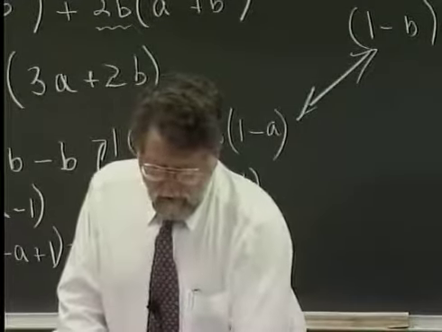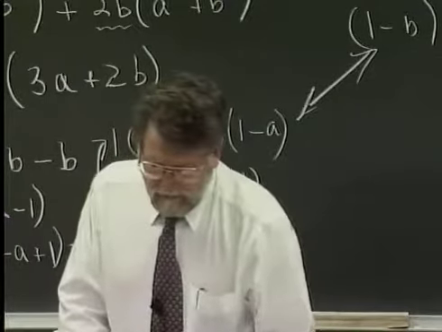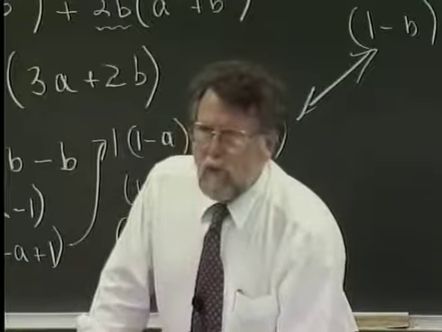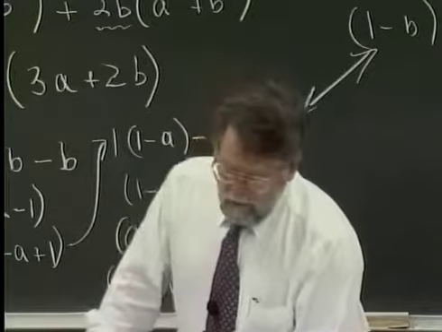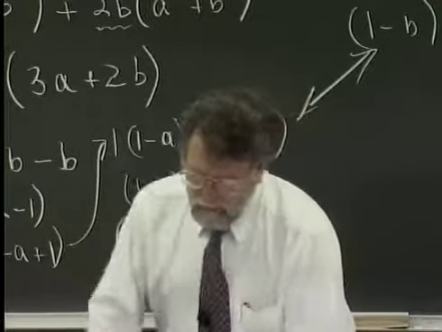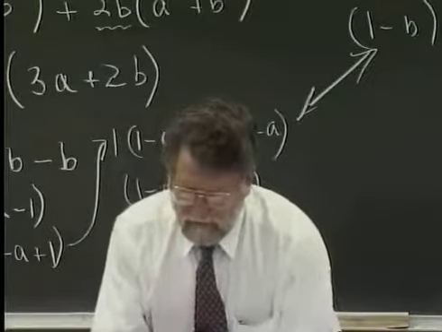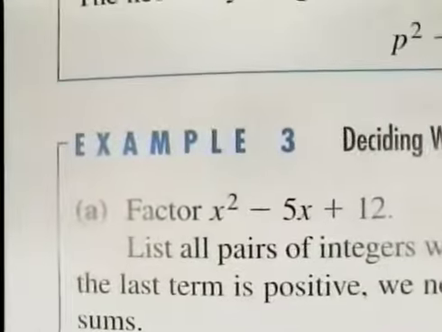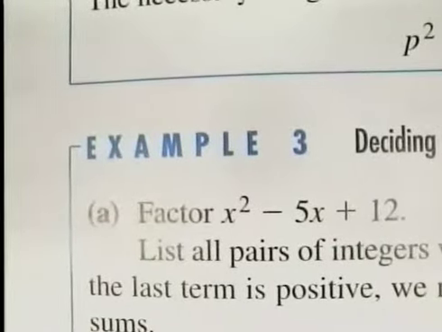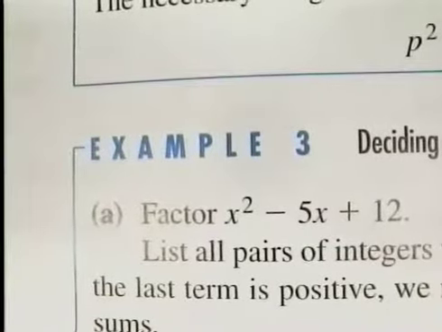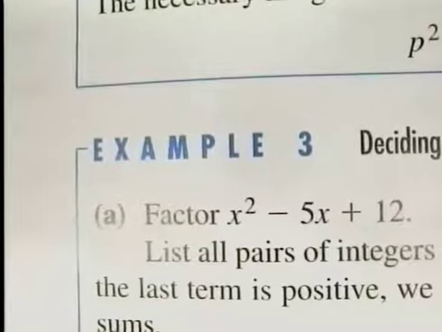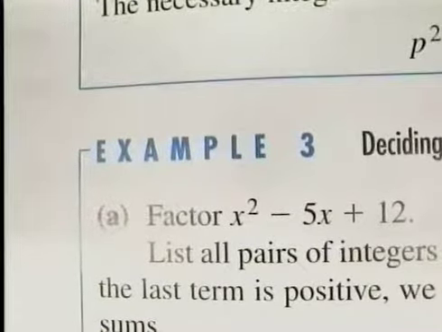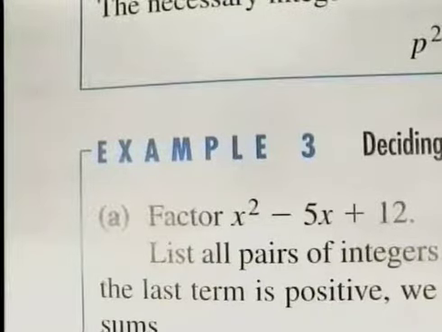What I'm going to do is look at the idea of FOIL by looking at some problems where first we start with some easier things. For example, example 3. This is the x squared minus 5x plus 12 on page 298. Now that's a fairly straightforward problem, and the directions are going to be to factor, and let me write it down first, Debbie.